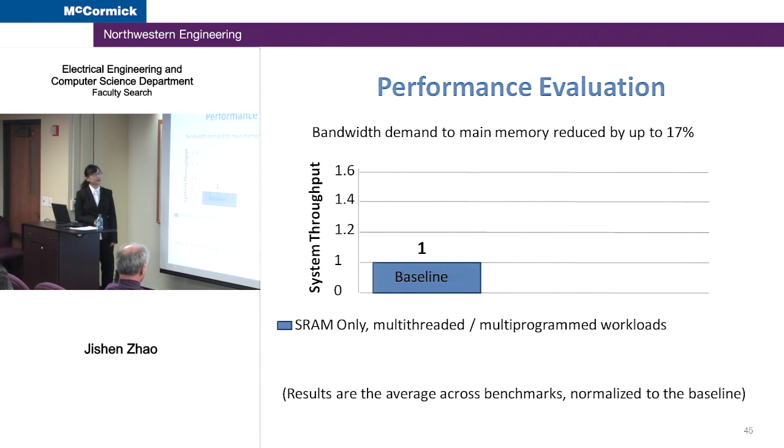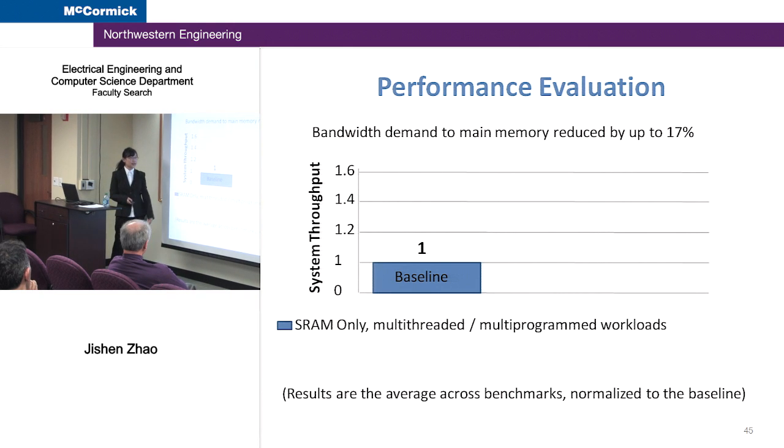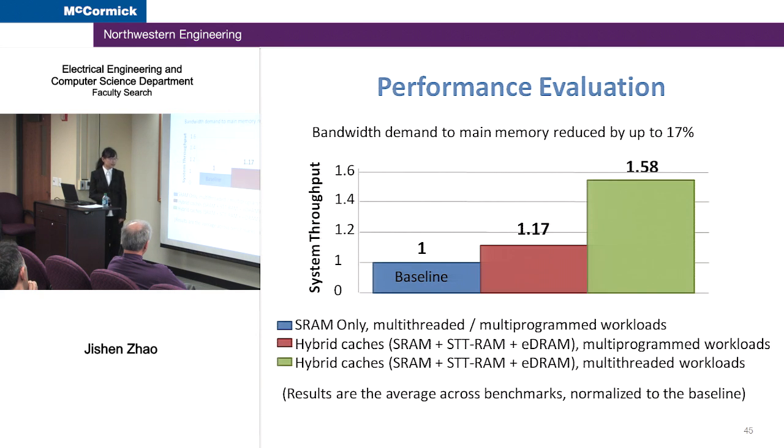And here we show the key results of our design. Our baseline is the cache hierarchy using only SRAM memory technology, and it turns out that our design, with the hybrid cache hierarchy, can effectively improve the system throughput with both multi-threaded and multi-programmed applications.